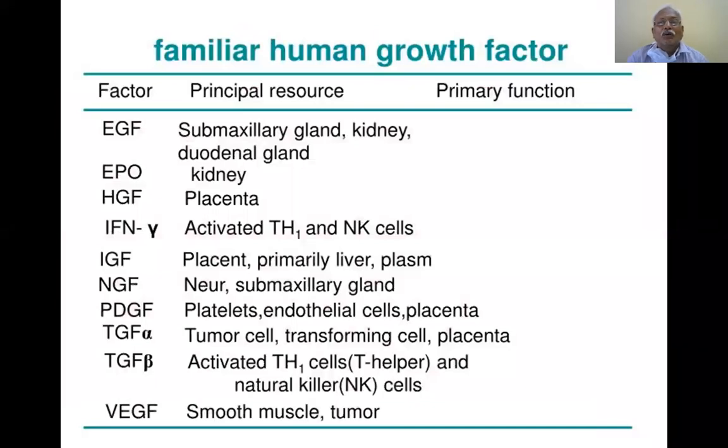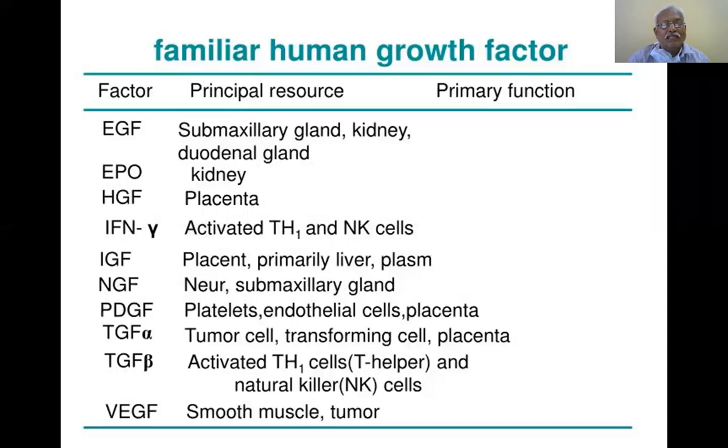So familiar human growth factors: EGF, from the submaxillary gland, kidney and duodenal gland, principal sources. And EPO from kidney, EGF from placenta, IFN gamma from activated TH1 and NK cells.